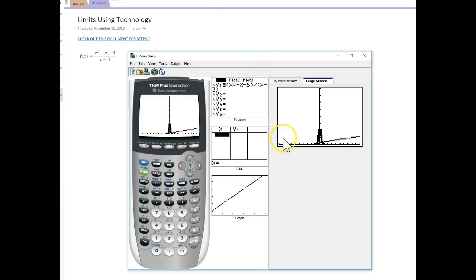But I will do little featurettes on how to use the calculator every once in a while, because you are allowed to use it on the exam. And especially since there are some pretty crazy time restraints on that first section of the exam, I do recommend being able to use your calculator for it, even if you can't in your future courses. So I will post this video, and good luck with the calculators.